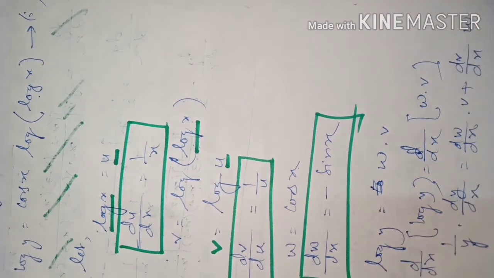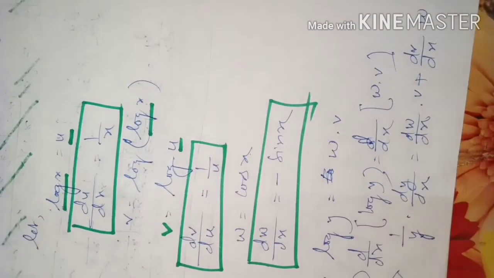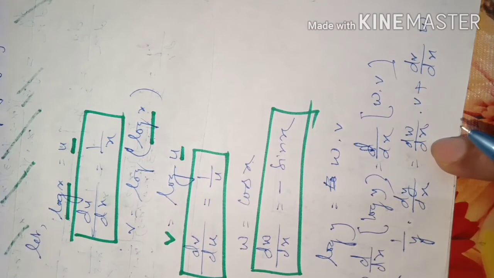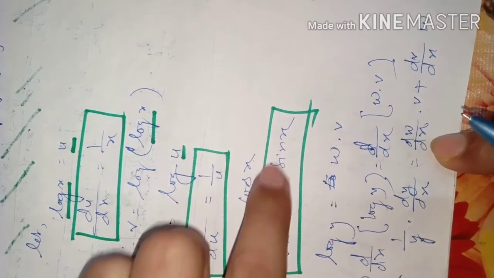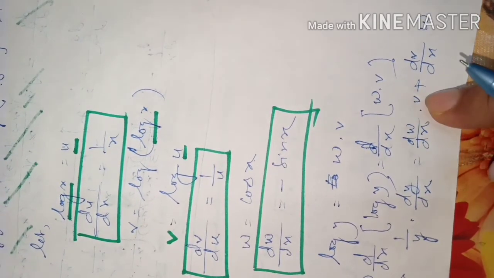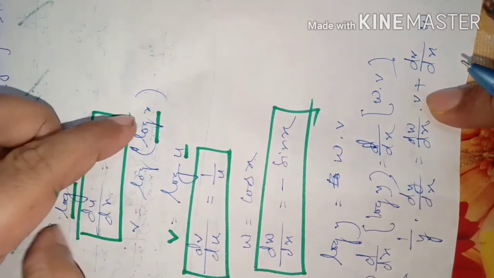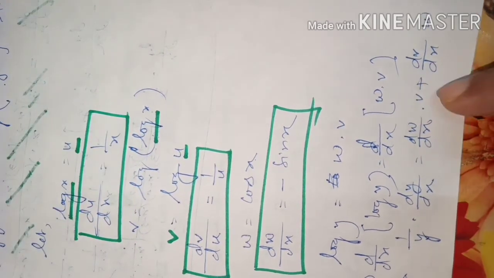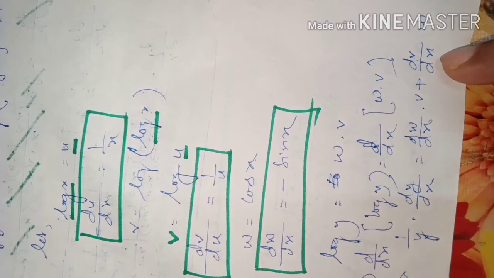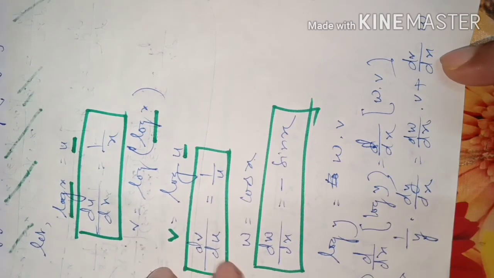Now we'll use dw by dx. dw by dx is minus sin x, and v is log of log x. So it will again be plus dv by dx. dv by dx is not given directly, but we can write dv by du and du by dx for this whole thing.